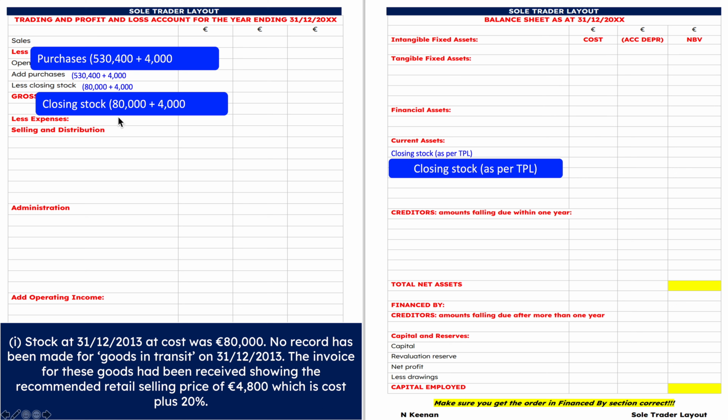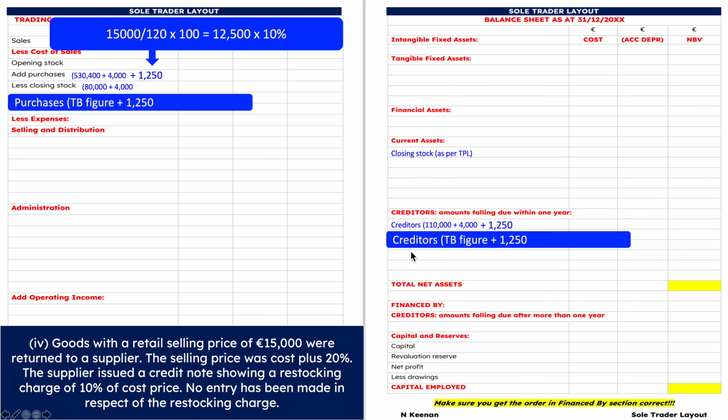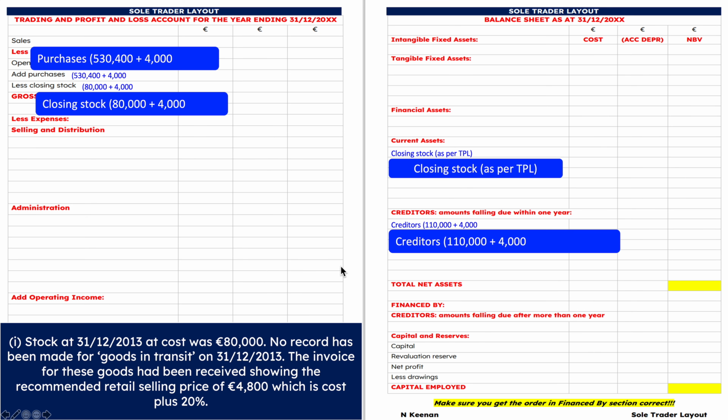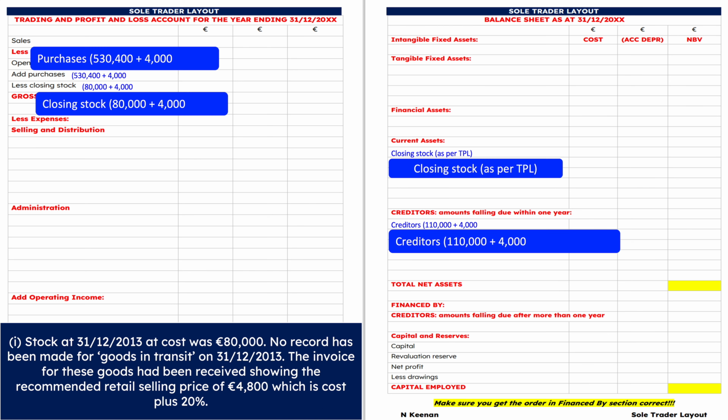We're also going to add that to the purchases figure, so the trial balance figure, whatever that was, and the creditors figure, whatever that was there as well. So 110,000 from the trial balance plus 4,000. So that is the 2014 question done.